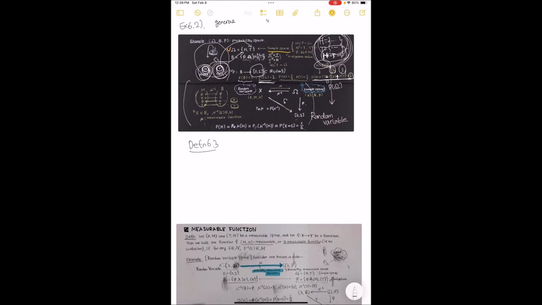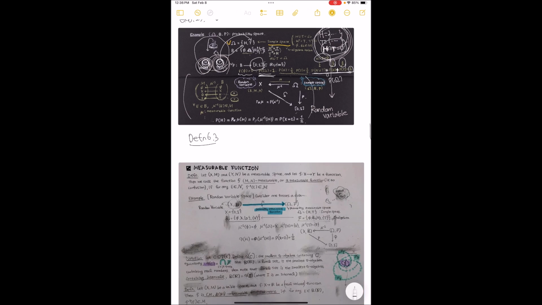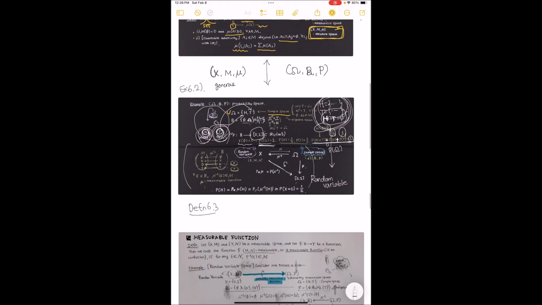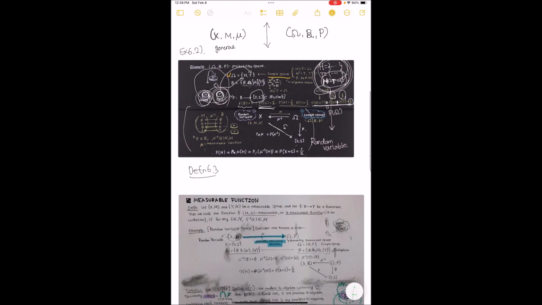Okay. Then, here, what is a measurable function? We consider two measurable spaces. A set with a sigma algebra defined, that pair is called a measurable space.